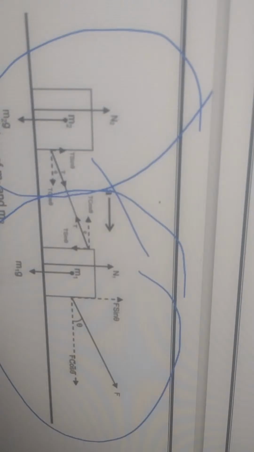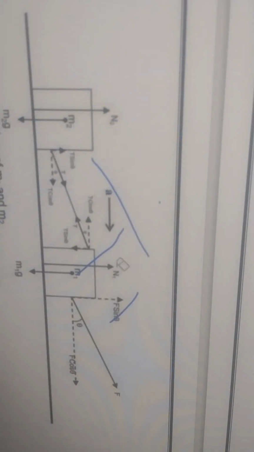Whenever we make the equilibrium equation for one block, we have to consider this whole area. And when we are considering the equation for the other block, then this area will be considered, because there are two different areas to be considered for making equilibrium equations.